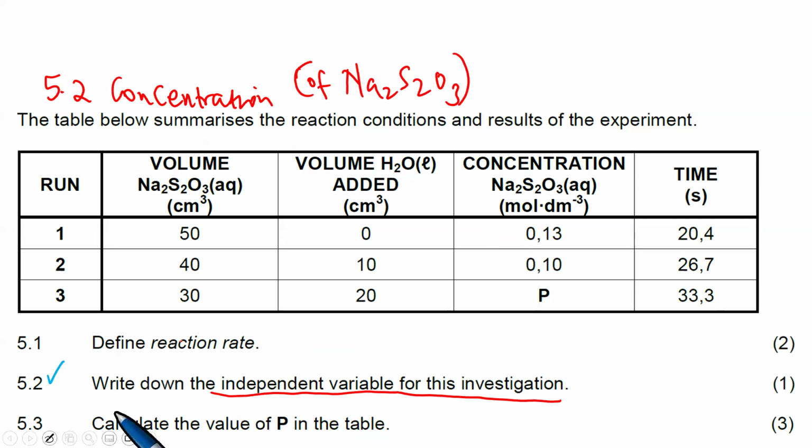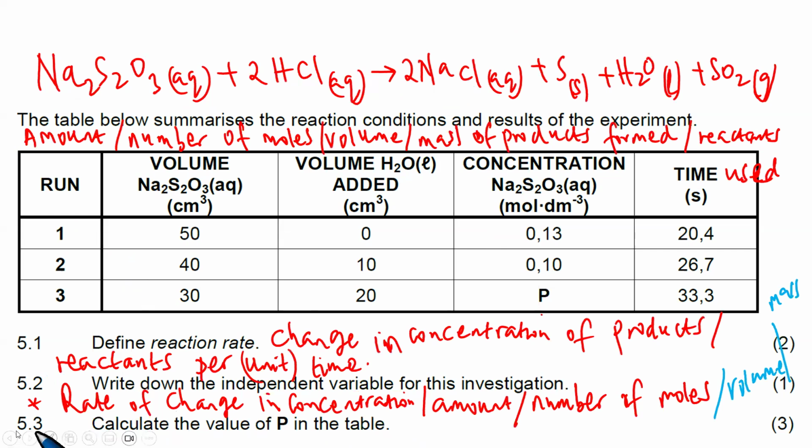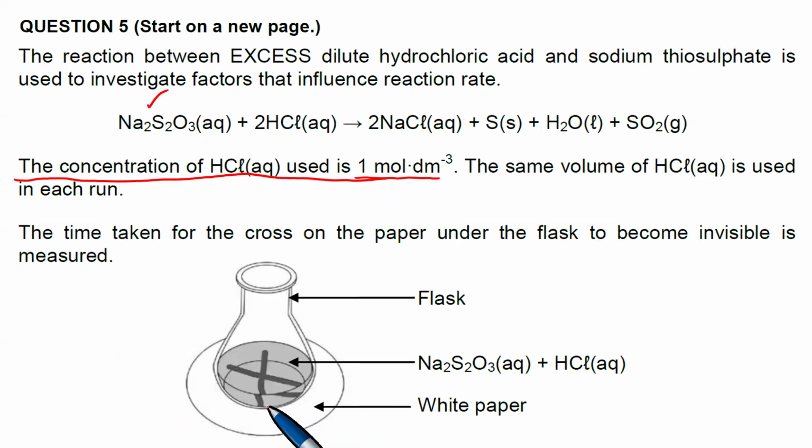I was saying here, they want us to write down the independent variable. How do we see the independent variable here? Because we just have this flask here, but this flask is undergoing a couple of runs. Whenever we do a chemical reaction of the sodium thiosulfate and HCl, we make sure that we have 1 mole per cubic decimeter concentration of the HCl.